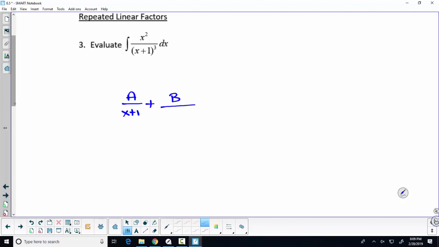Okay, good. And what does that equal to? X squared over x plus 1 cubed. Almost, yeah, it's the original integrand, x squared over x plus 1 cubed.